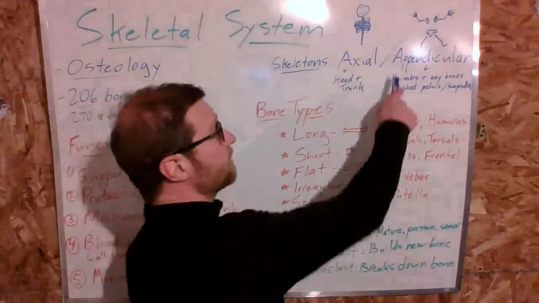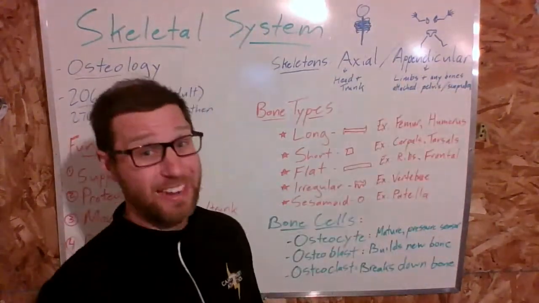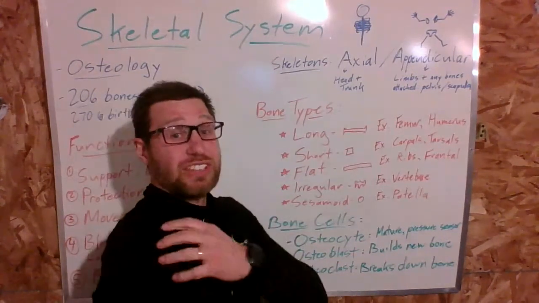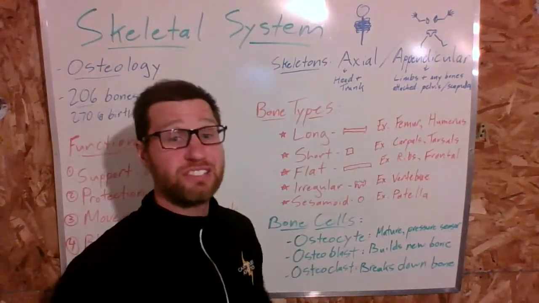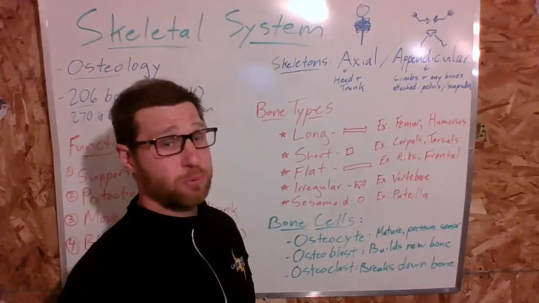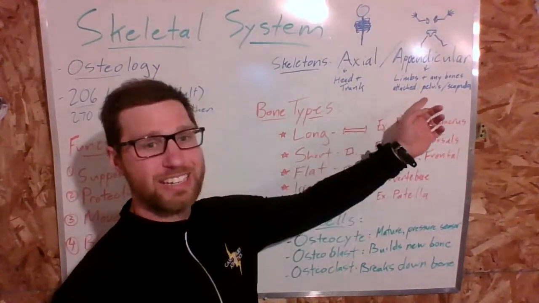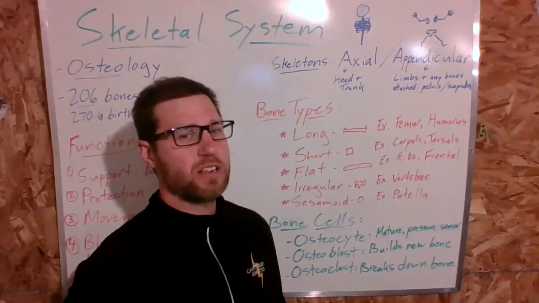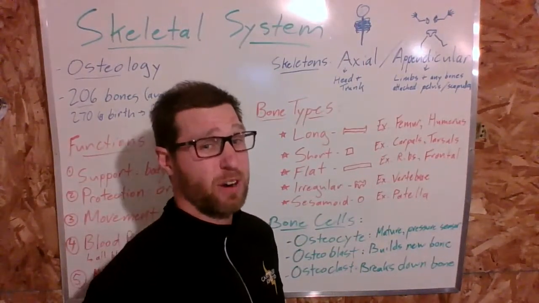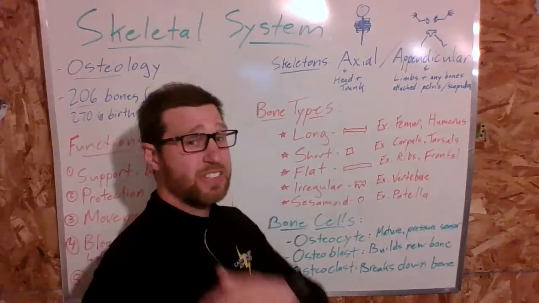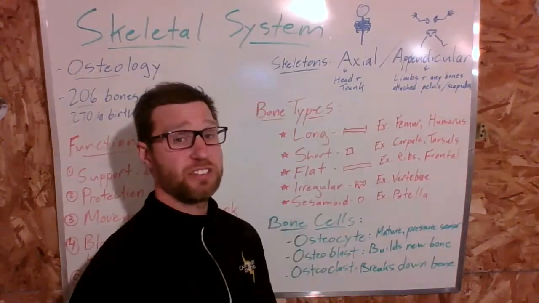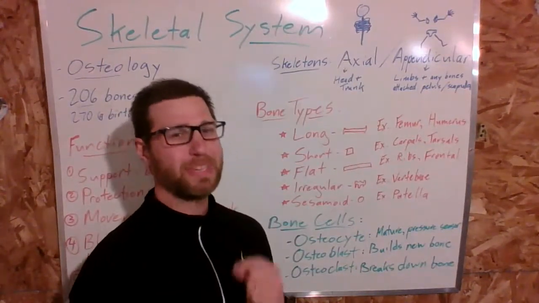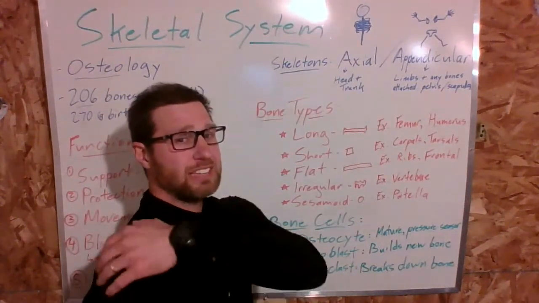The appendicular skeleton, think of appendages, is pretty much everything else. So it's your limbs, your arms, your legs, and this is important, any bones that are attached to your arms and your legs. So we think primarily of the pelvis as actually part of the appendicular skeleton, and the scapula is actually part of your appendicular skeleton, even though it seems to be part of our trunk, because it's attached to a limb.